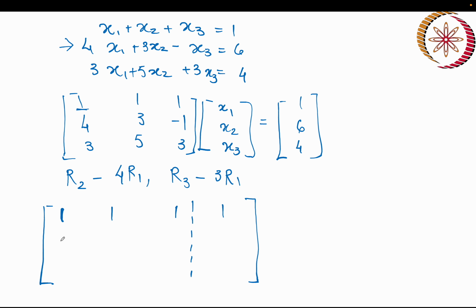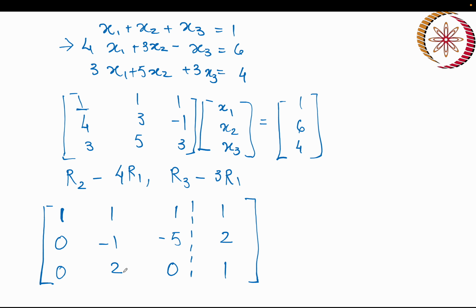For the second row the first term will be 0, 3 minus 4 will be minus 1, minus 1 minus 4 will be minus 5, and 6 minus 4 will be 2. For the third row, we are subtracting 3 times the first row, so the first element will be 0, 5 minus 3 will be 2, 3 minus 3 will be 0, and 4 minus 3 will be 1.